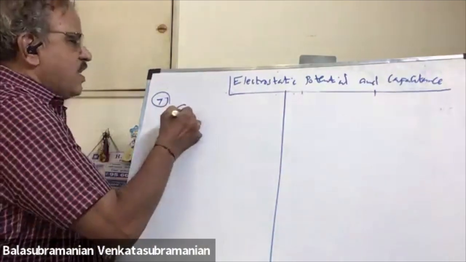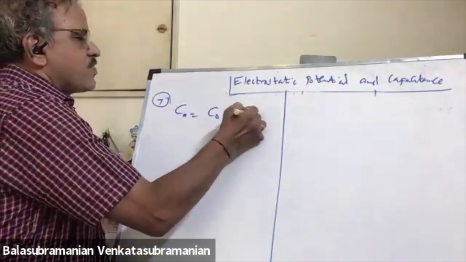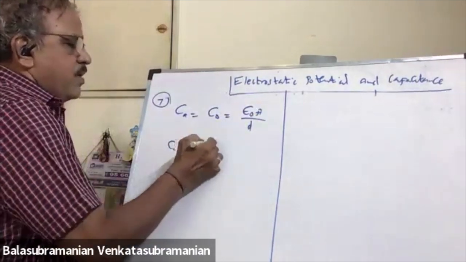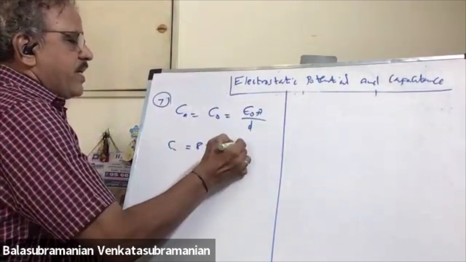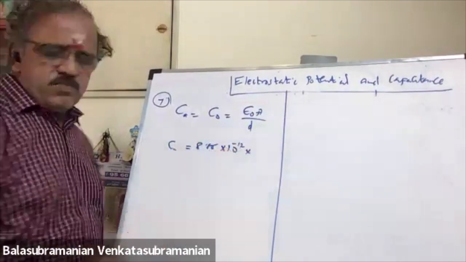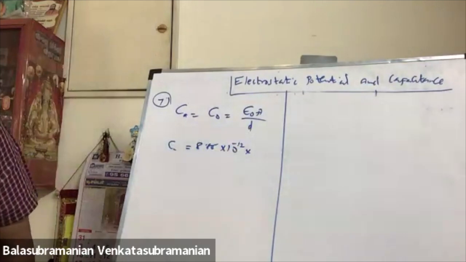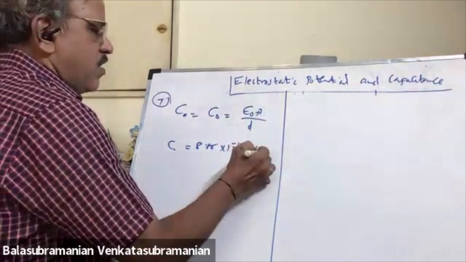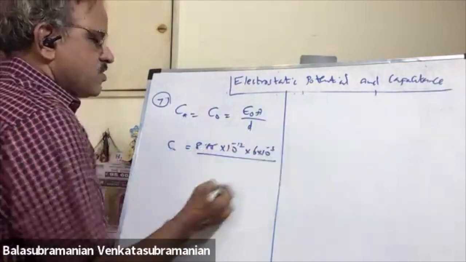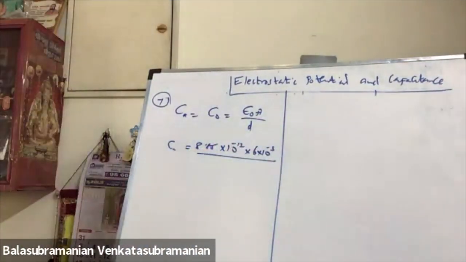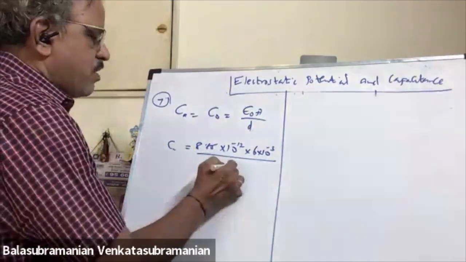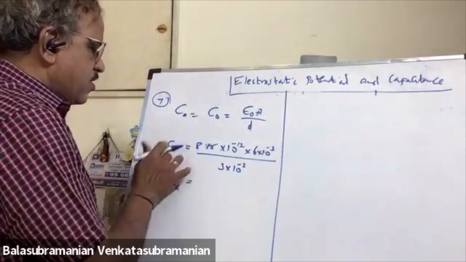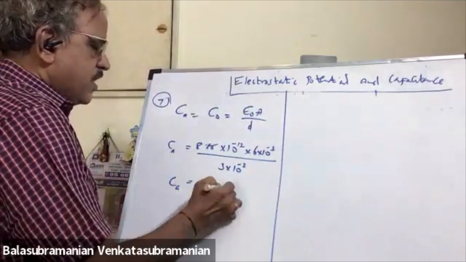Basic formula: C air or C naught is epsilon naught A by D. 8.85 into 10 power minus 12, area same as in the previous problem, 6 into 10 power minus 3, distance or thickness of the plate 3 millimeter, 3 into 10 power minus 3. We have simplified C air: 18 picofarad.